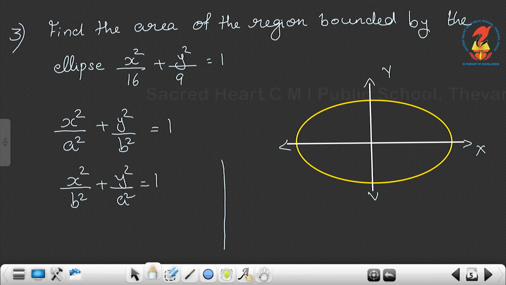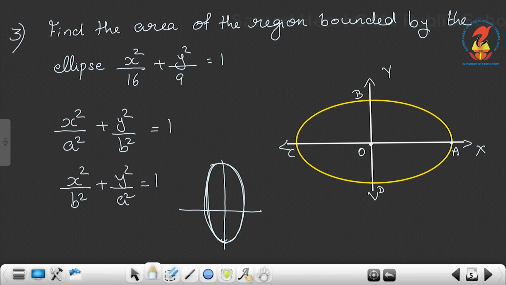That means major axis along y axis. So it is like this. Okay, and this is center of the ellipse. Then from here to here, these end points are known as vertices. From here to here, that is length of semi-major axis. So OA, that is semi-major axis, its length is a.